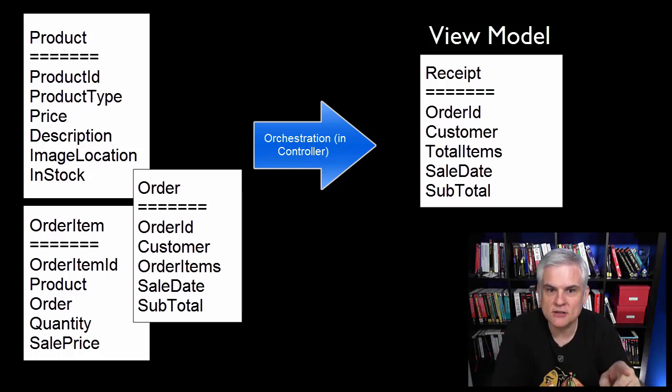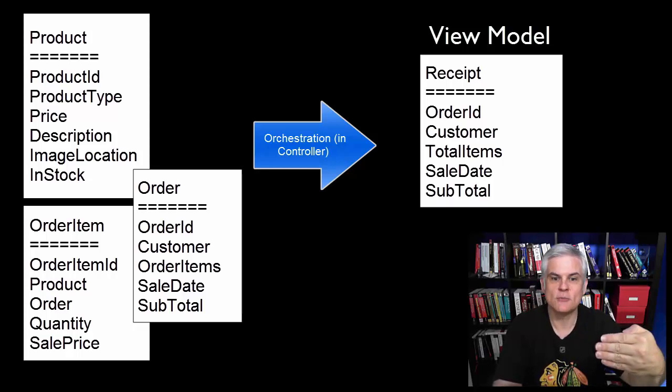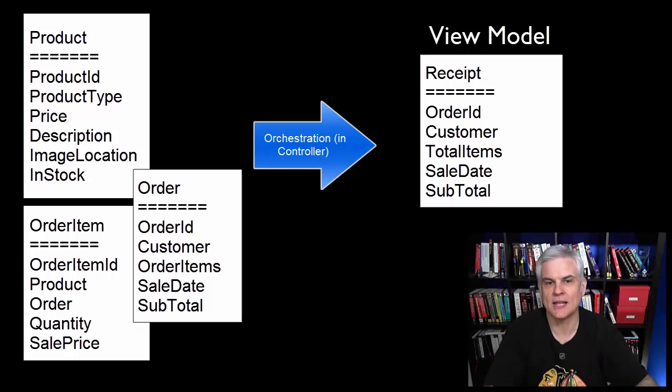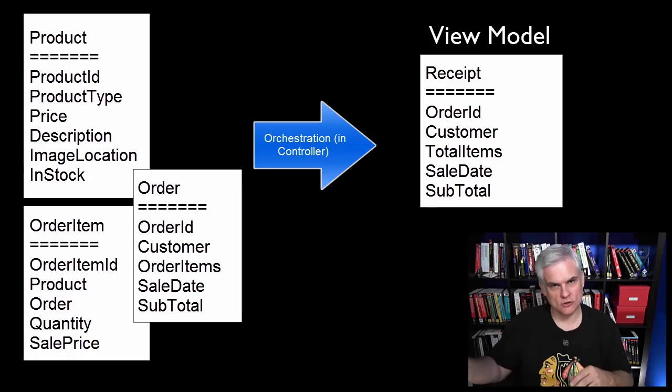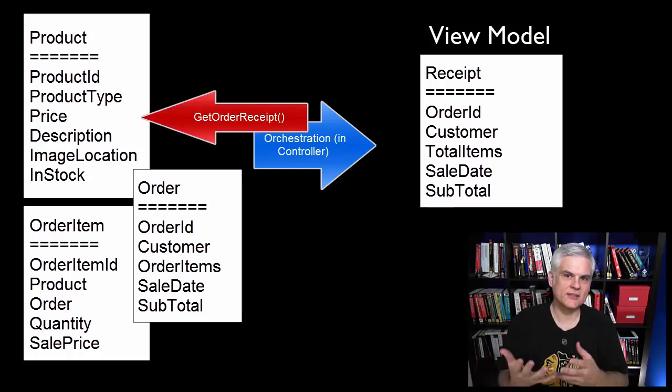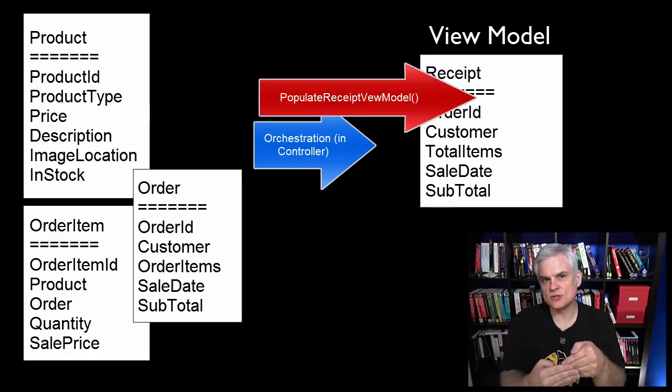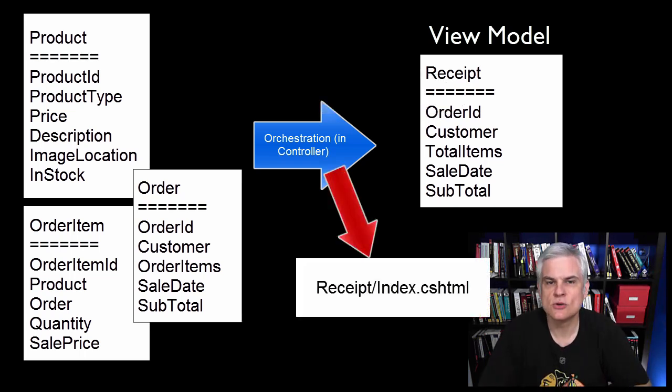You combine them all into a single class, and then you allow the orchestration between the presentation and the domain layer to sort it all out. So the controller would make a call into the domain layer, get all the data that it needs, and shove it into the view model, one class that it can then pass out to the actual view.